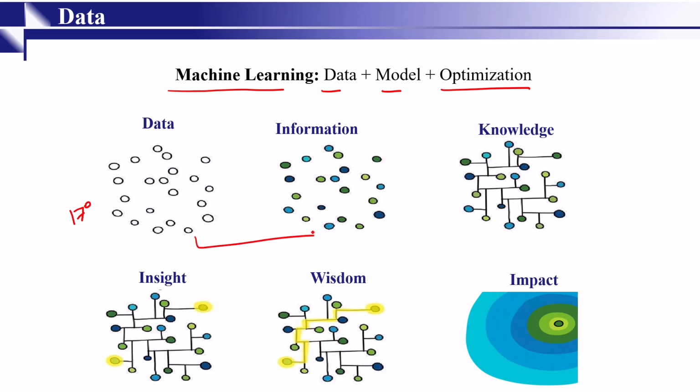Then from data, we can go for information. Information we can define as structured data that provides some context. For example, weather reports specifying location, time, condition, etc. Then from information, we try to extract knowledge.